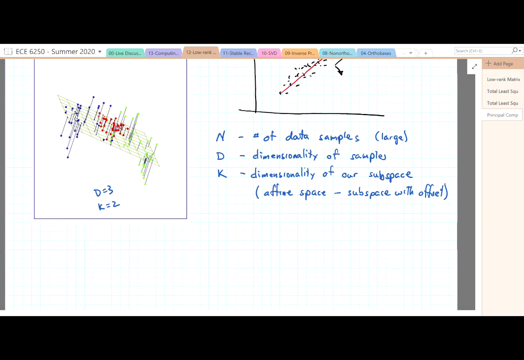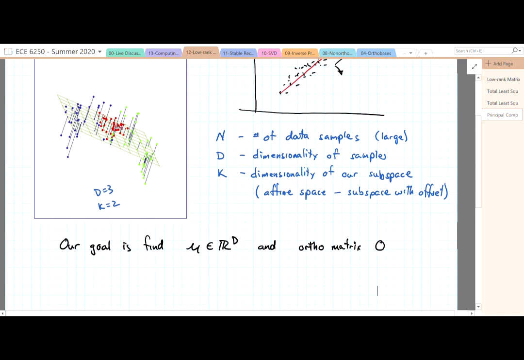Okay, so our goal is to find 2 things. mu, which has the dimensionality of our original samples, and a matrix Q with orthonormal columns.